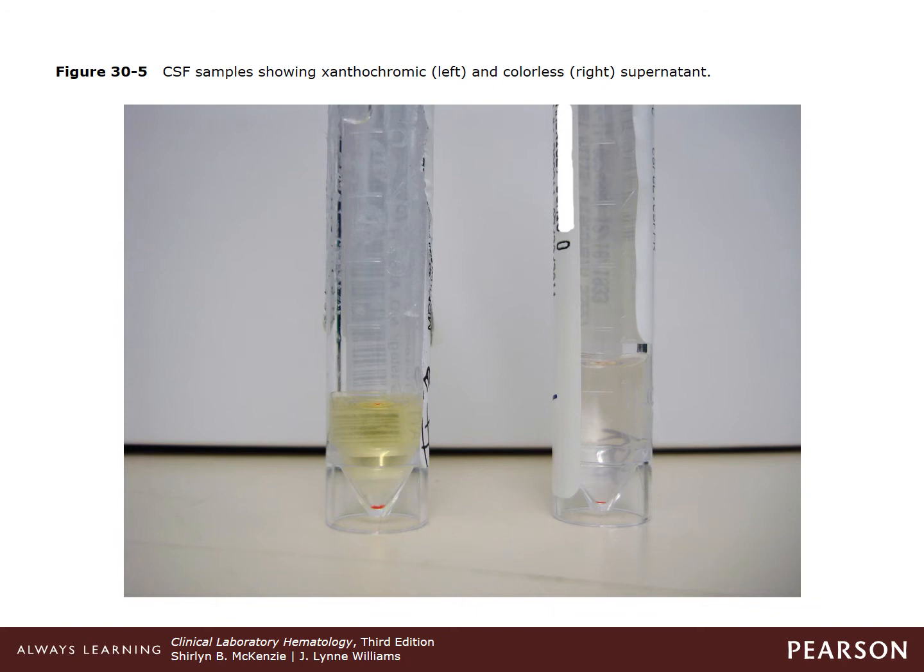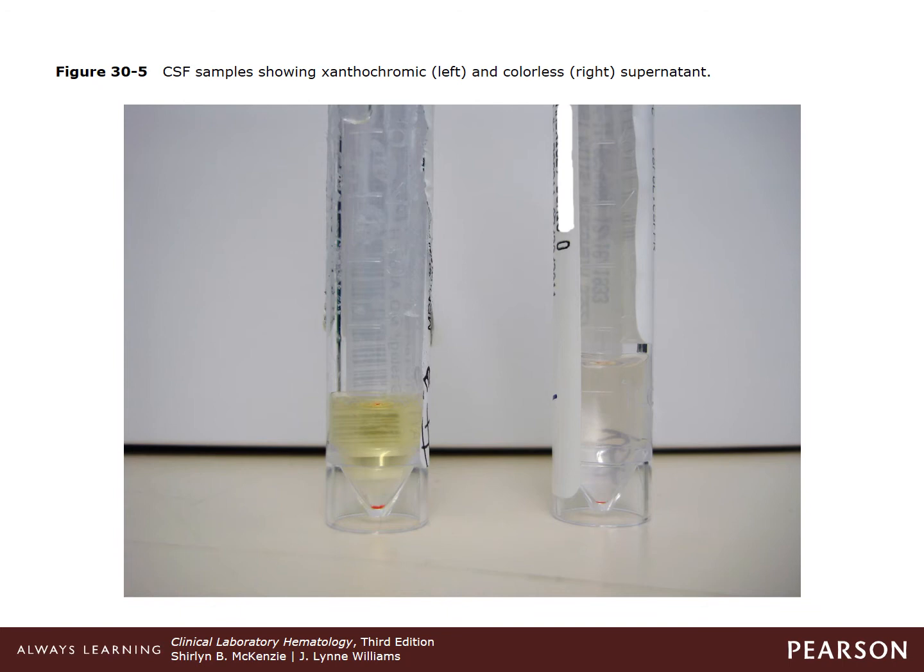So here we have a physical sample of two CSF specimens. The one on the left is showing xanthochromia, and the one on the right is clear and colorless, the type of specimen we want to see from a CSF. There are a couple of reasons why CSF is tested. First, to identify if there is any kind of meningitis, and that is the inflammation of meningeal membranes due to some kind of bacteria, virus, or fungal infection.